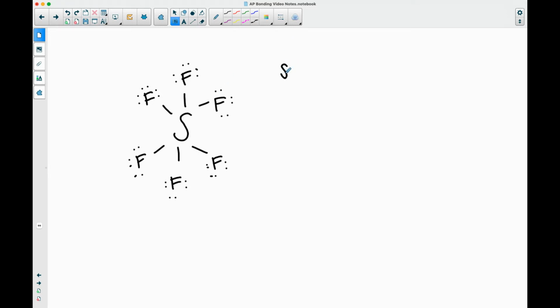So for S, I have a steric number of 6. 1, 2, 3, 4, 5, 6 atoms bonded, no lone pairs, which means again that it is octahedral, with 90-degree bond angles. We start with s for the hybridization. We add up to 3 p's, that only gets us to 4, and then we can add d's until we get to the steric number. So this is 1 of the hybrid orbitals, this is 3 more, plus 2, gets me to the steric number.